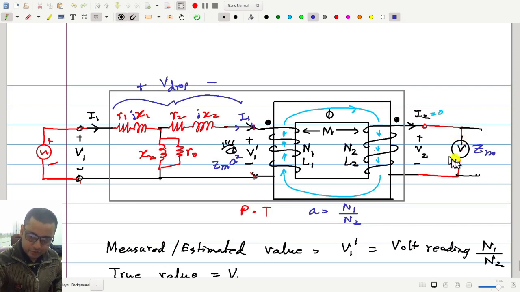So if the power factor angle, I mean the angle of Zm, is the same as the angle of this, tan inverse Xe by Re, then, because then what will happen?